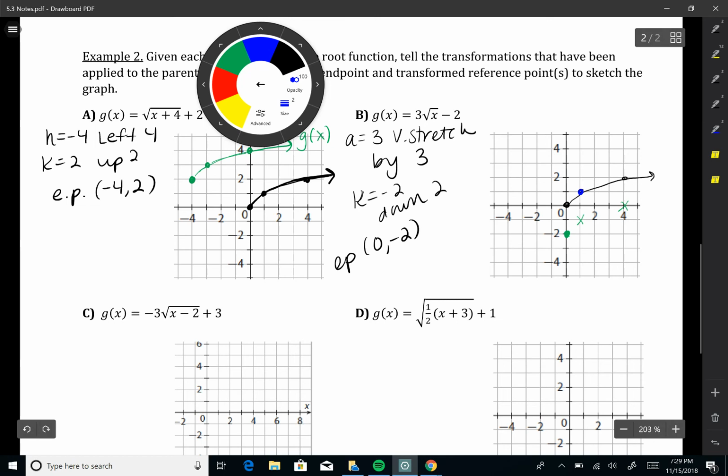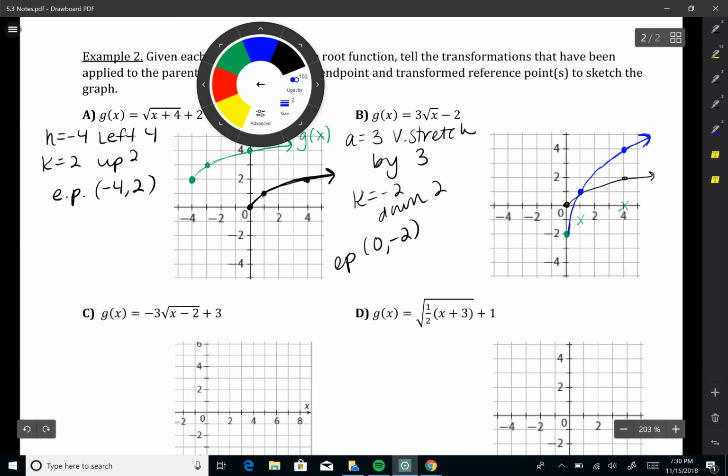Instead of over 4, up 2, I'm going to go over 4, up 6, because 2 times 3 is 6. That will bring me up to the 0.44. So this graph, as you can see, has gotten much taller, but also moved down 2 units.